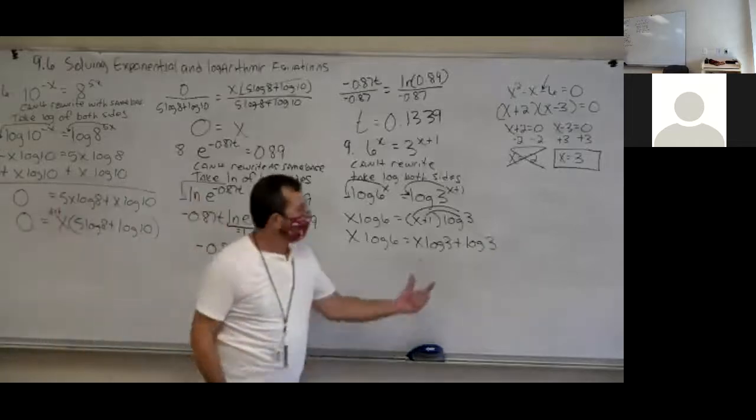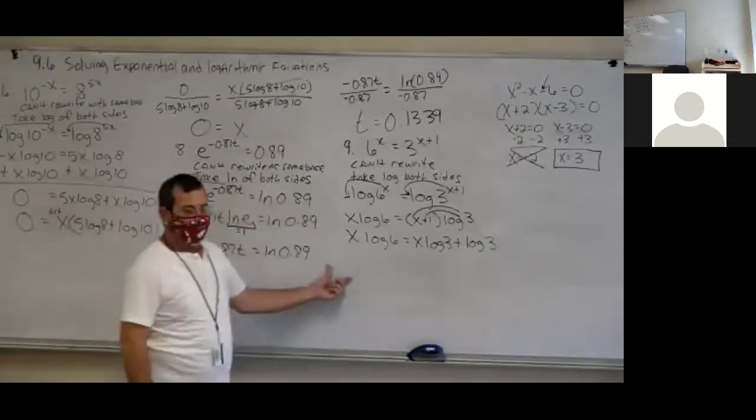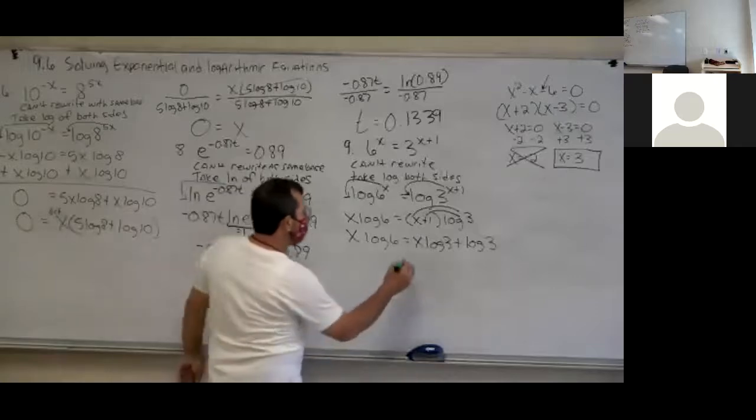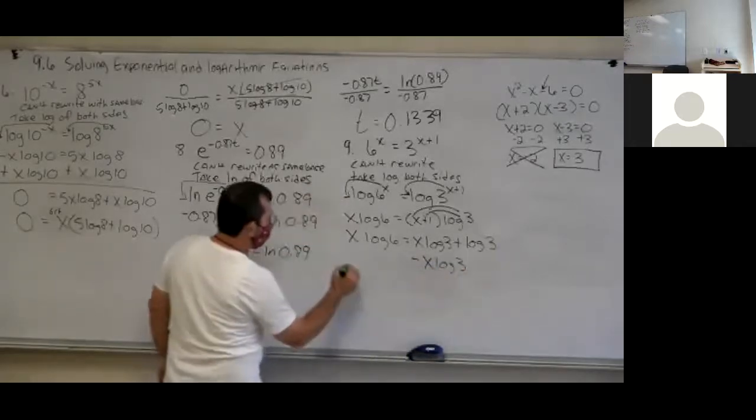So guess what? The x's need to be on one side here, right? So since my x's need to be on one side, I'm going to subtract x log 3 from both sides.